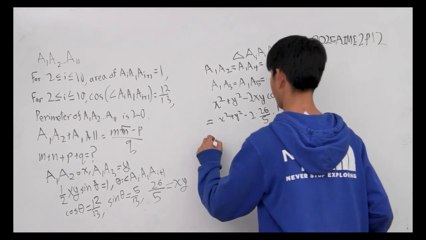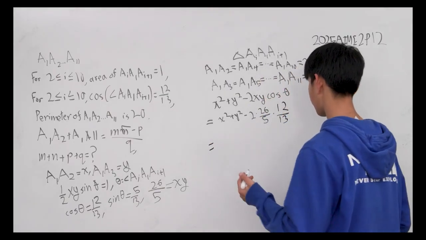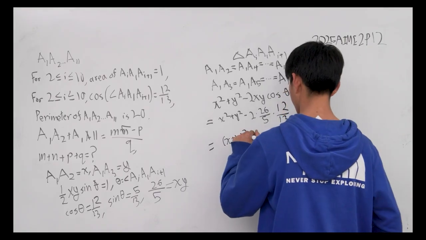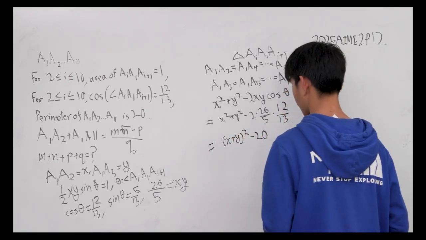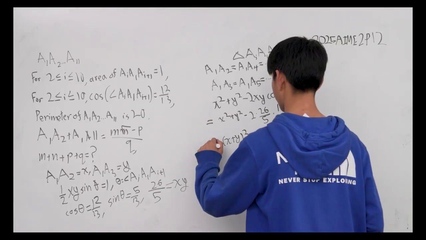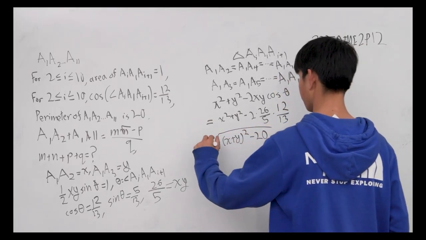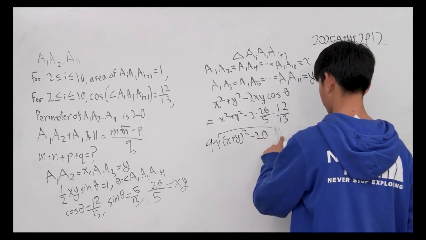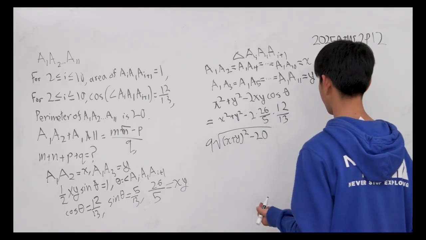All of this basically simplifies to x plus y squared minus 20. And since we have 9 of these sides, right, we know the perimeter is 20, so you square root it, multiply by 9, and add. There are 9 of these sides, right?